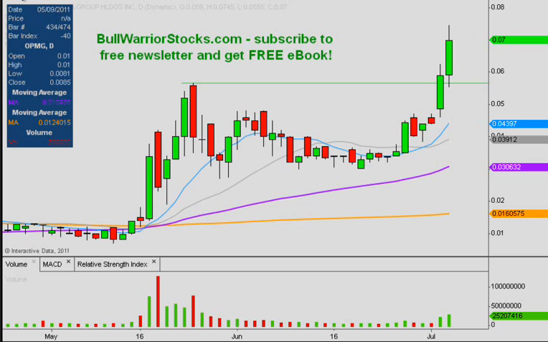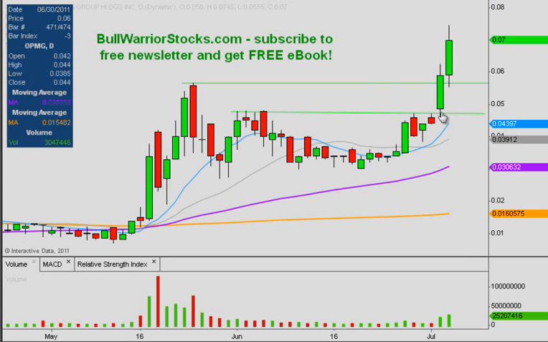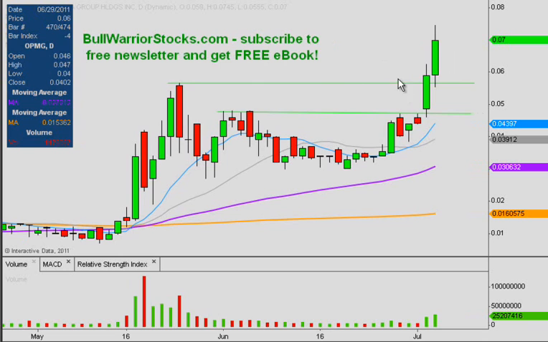Another area of support is going to be simply this little group of highs over here, and we'll call these right at 0.048. So these are also going to be a little kind of area of support. And the reason I say kind of little is that, depending on what your strategy is, these levels are important.